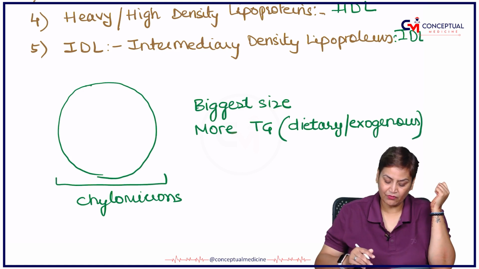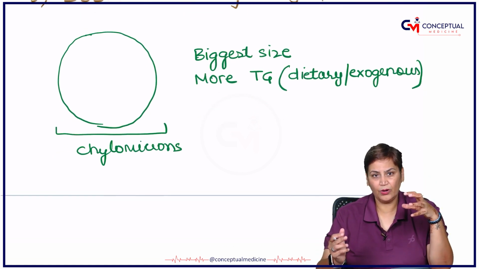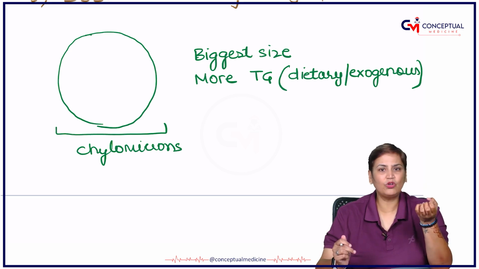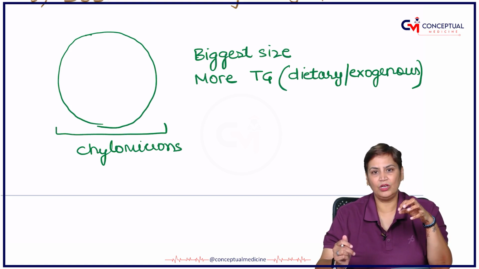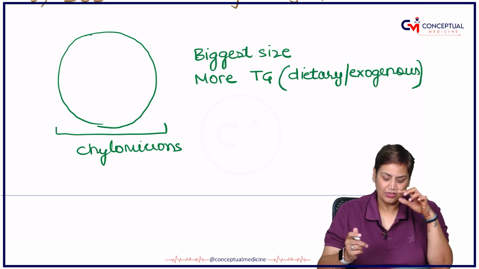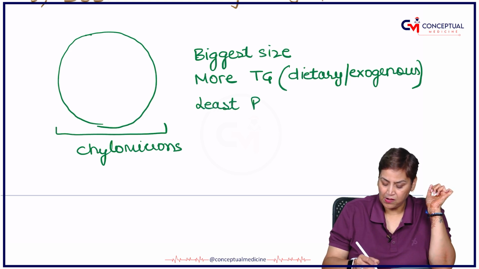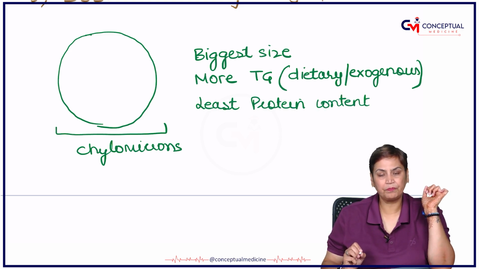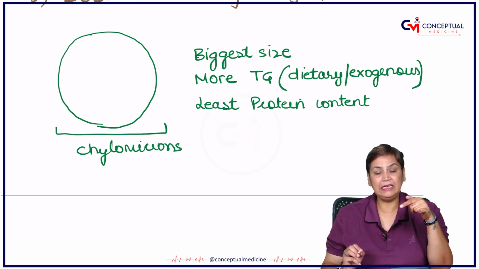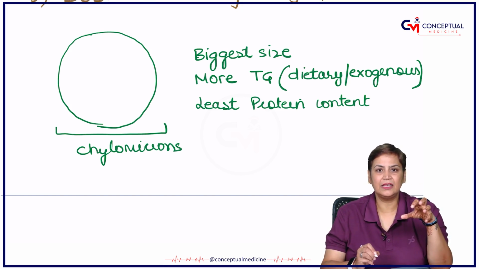Now, it is clear from the word itself, if the size is more, the amount of protein required by that particular fat molecule would be less. So it has the least protein content. If it has the least protein content, that means its movement will be less.